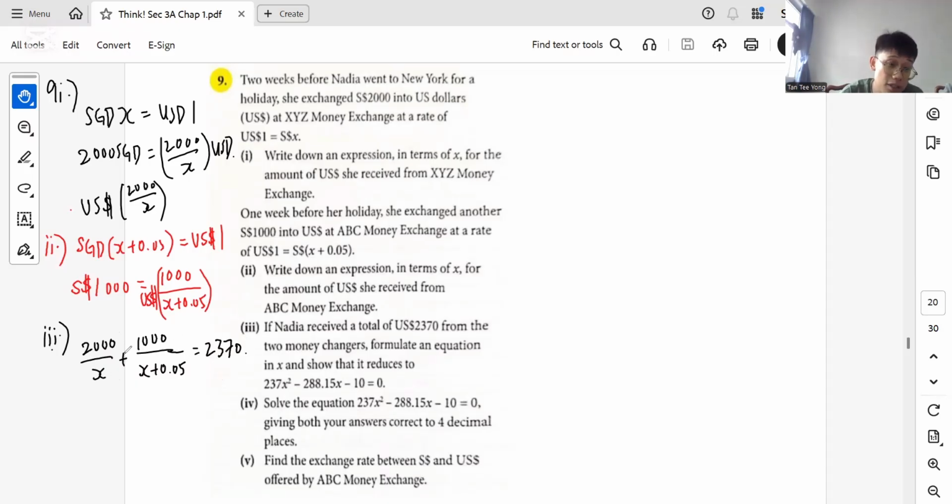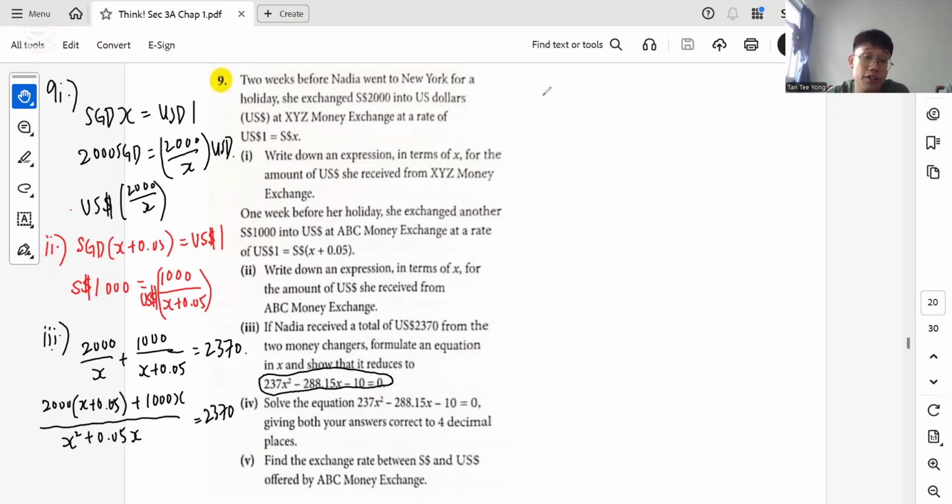Just simplify it to become this equation. Make the denominator the same. So 2,000 bracket X plus 0.05 plus 1,000 X, over X square plus 0.05 X, equals 2,370.